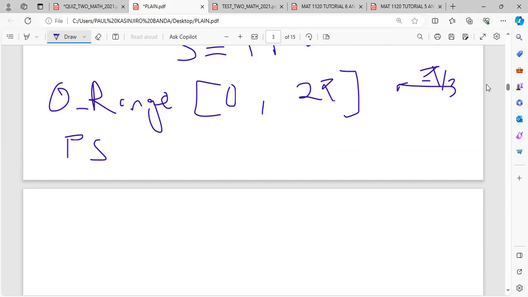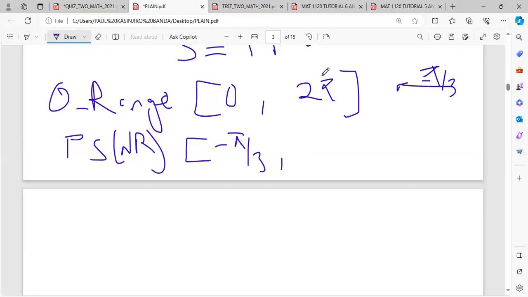So 0 plus minus pi over 3 means the new range when you apply the phase shift, so here I'll write new range, will start from minus pi over 3.